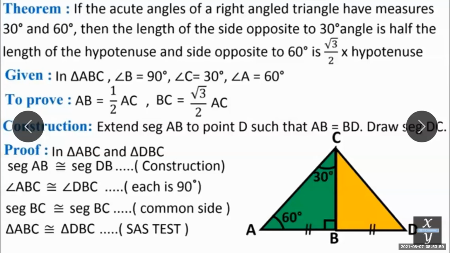So this segment AB and this segment of our construction will be of equal length. Mark it point D here, then join segment CD. So you can see another similar triangle formed here.